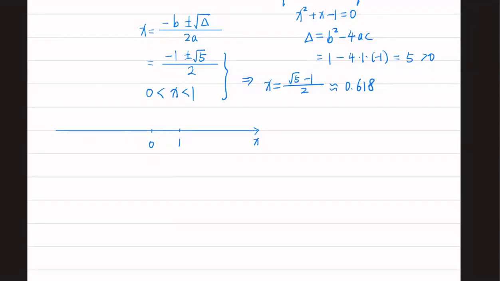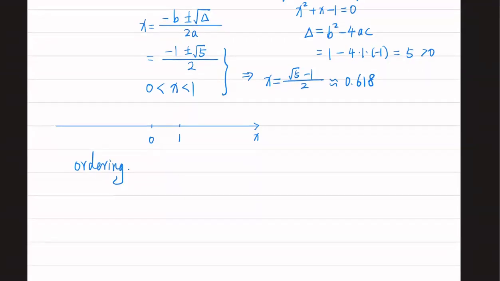A very important property of this number line is the ordering property. One is bigger or smaller than the other. Okay. So we can compare two numbers.